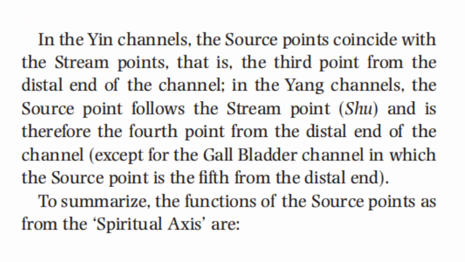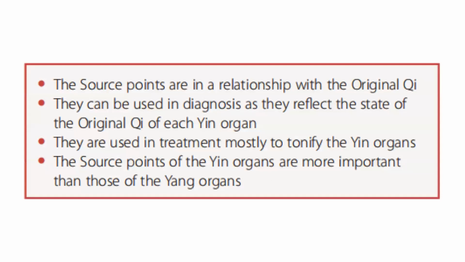To summarize the functions of the source points from the Spiritual Axis: the source points are in a relationship with the original qi. The source points can be used in diagnosis as they reflect the state of the original qi of each yin organ.